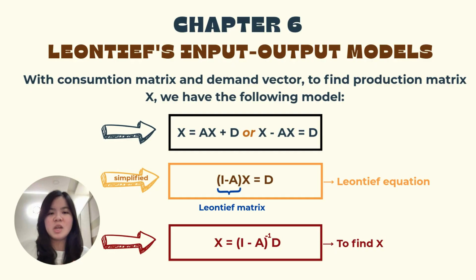To find the production matrix S, it is important to take into consideration that the production matrix must not only be able to supply the market demand, but also need to consider their own internal consumption.